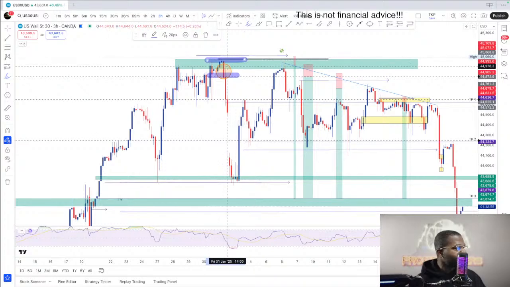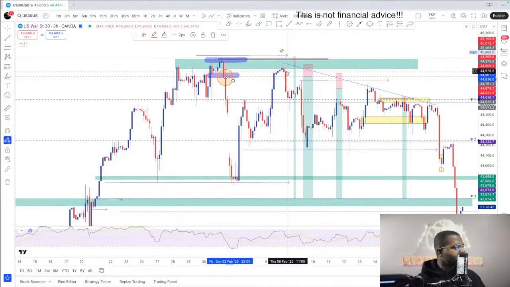These lows here and this high. As soon as this break happened, I just set a limit order right here. Price gapped down. I'm glad I didn't chase that downtrend because I would have missed it. But it gapped down to hit this level and led us into this trade after a couple days.